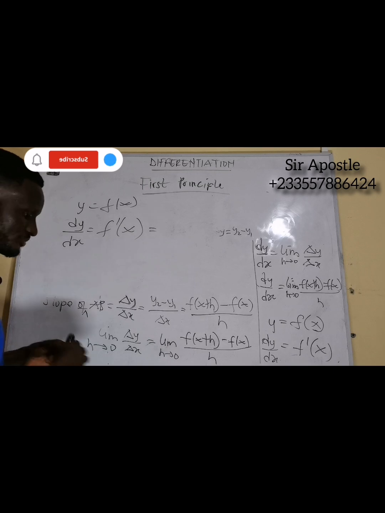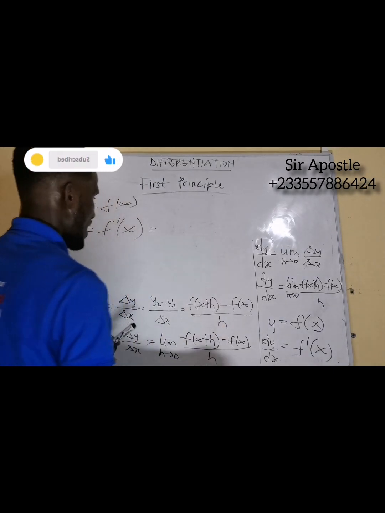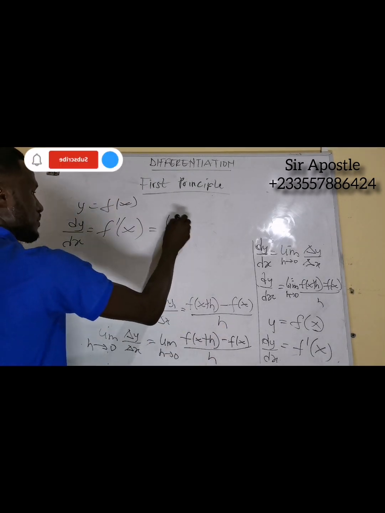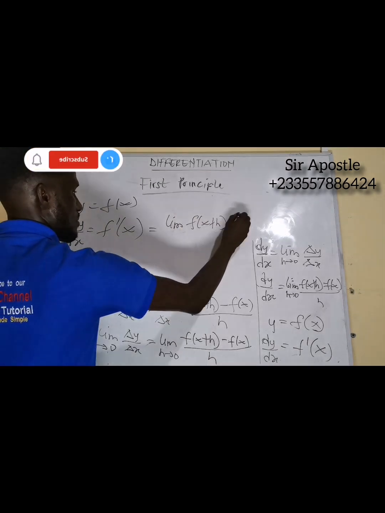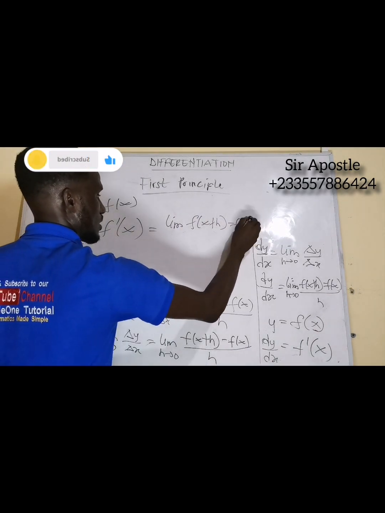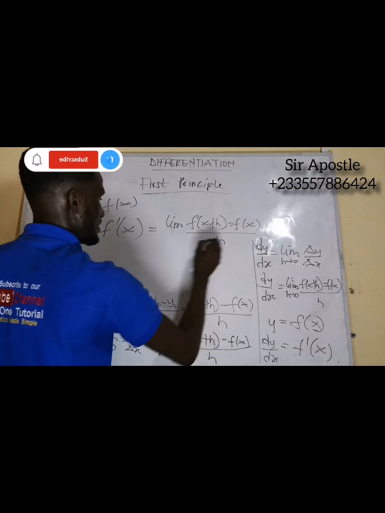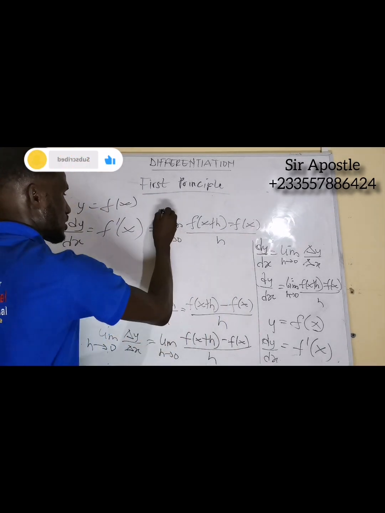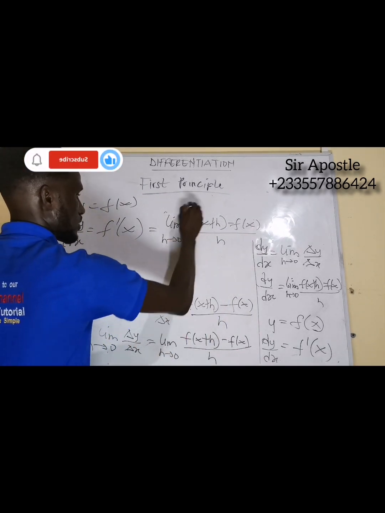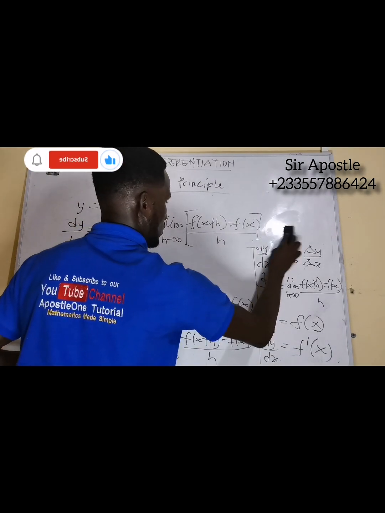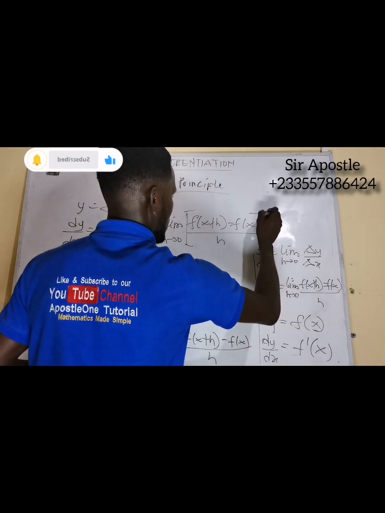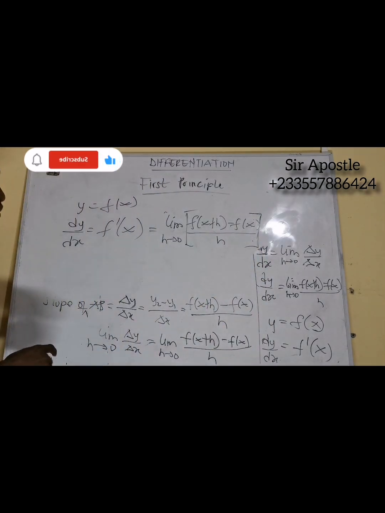It's the same as the limit of f of x plus h minus f of x all over h, where the h will be approaching 0. So this is what you have to keep in your head.